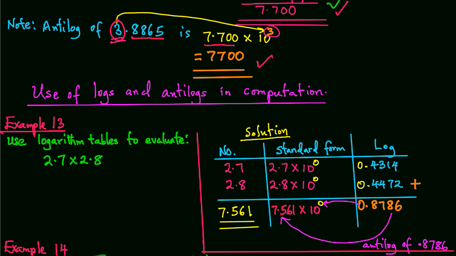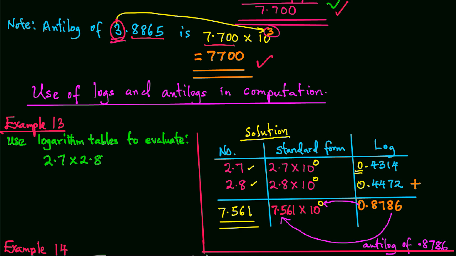So log of 2.7, remember, if we write 2.7 in standard form, it will be 2.7 times 10 power 0. So our characteristic is the power of 10, which in this case is 0. Point, the mantissa is now read directly from the table, and log of 2.7 is 0.4314. So if we combine the two, we are going to have 0.4314.